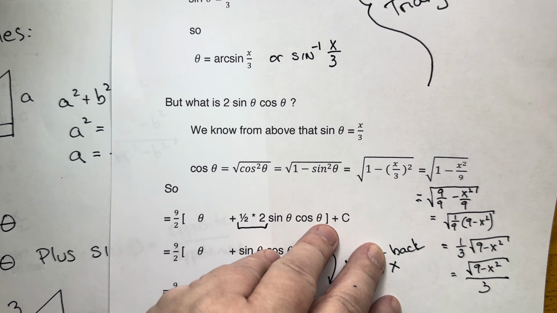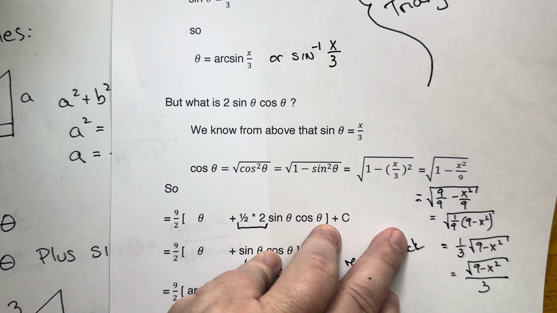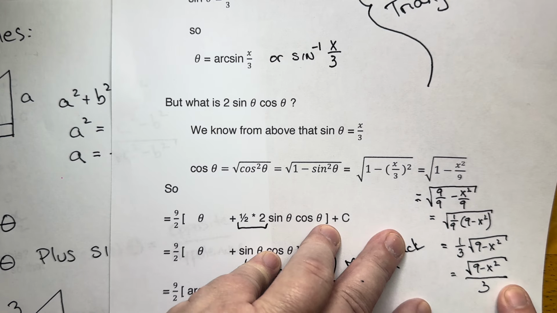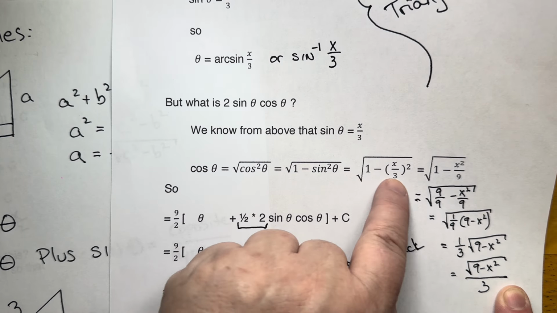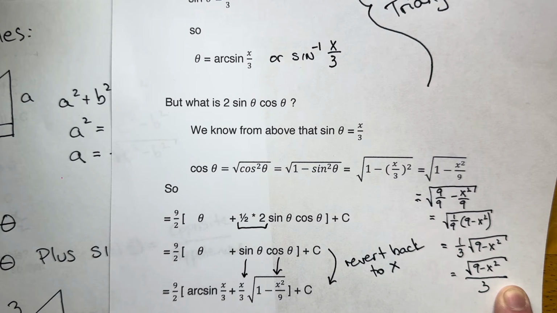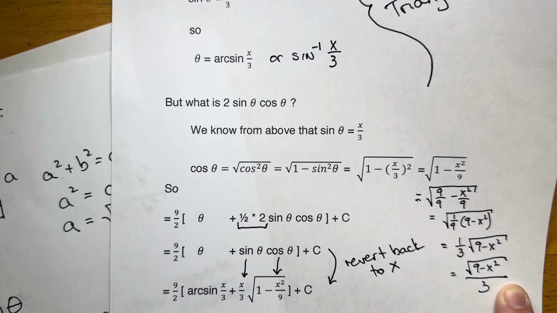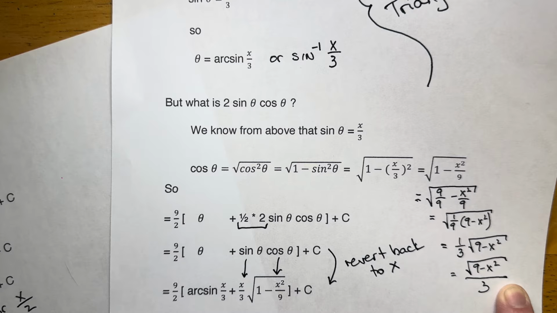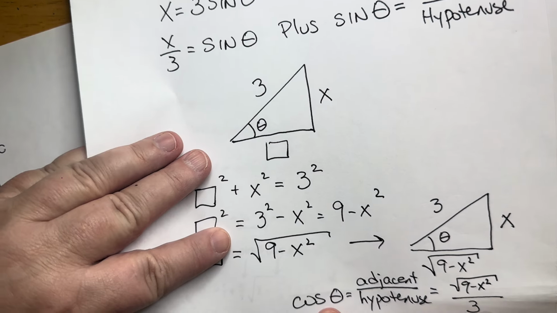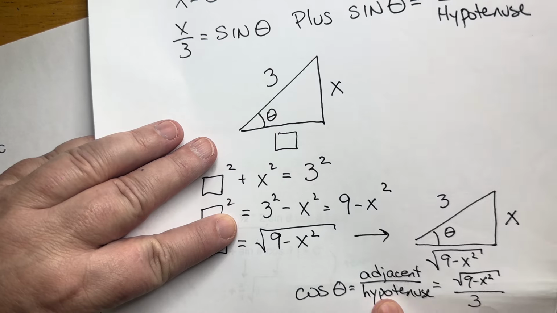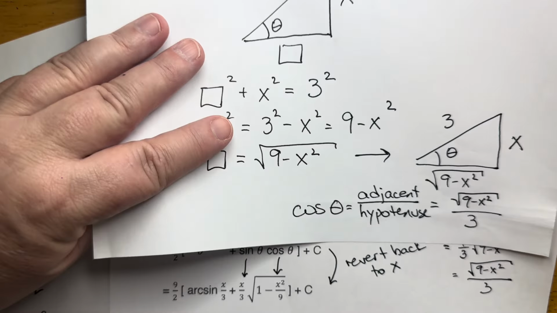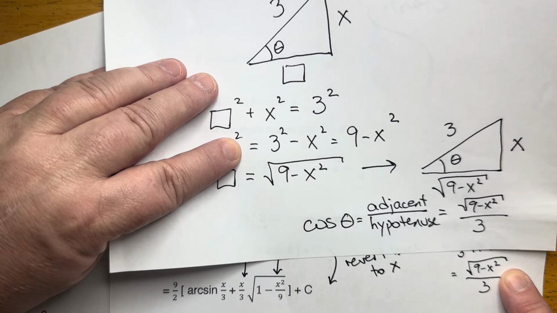So what are we talking about when I say without triangles? This is what you get to using algebra. Or if you set up a triangle, this is what you get to for cosine. And you get the same answer.